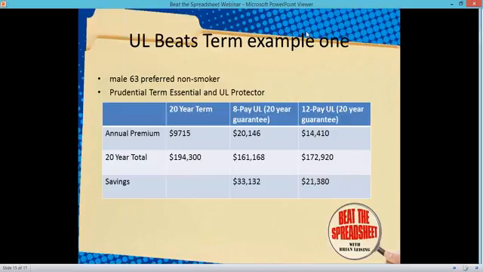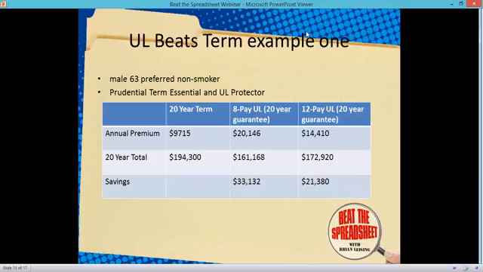We're assuming a 63-year-old male preferred non-smoker, and he has a need for 20 years of coverage. And we run the numbers here, and turns out that the premiums are $9,715. And I just realized I should have put the face amount on this slide for everybody.